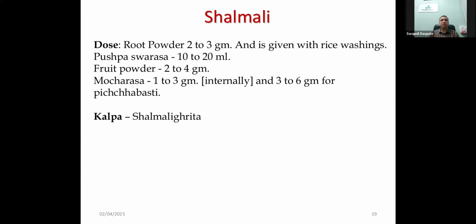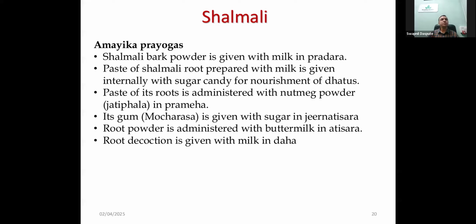Those are used. Because they are proprietary medicines, the mention is not here on the slides. Only the ones mentioned in classical textbooks or in Samhitas are included here. Shalmali Ghruta.